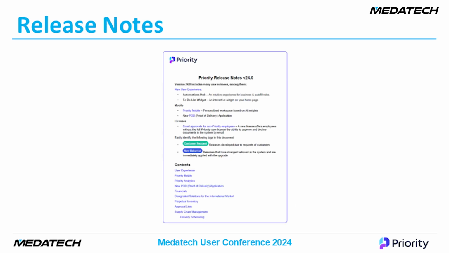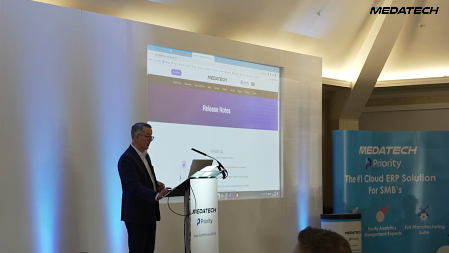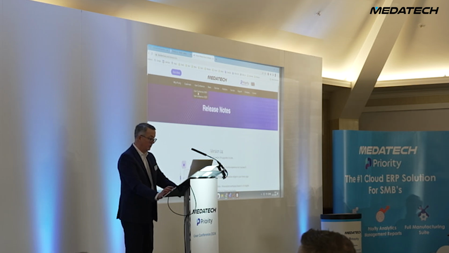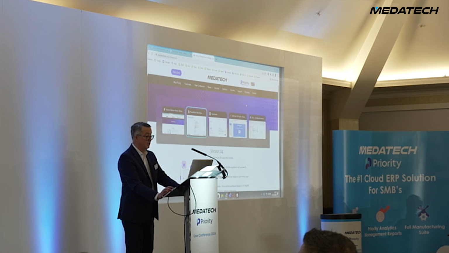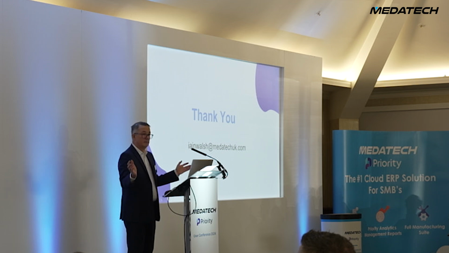These are all available easily from our website. Version 24 is downloadable now. Version 24.1 will be uploaded as soon as we have the official release. So, back to our PowerPoint. That's it. Thank you.